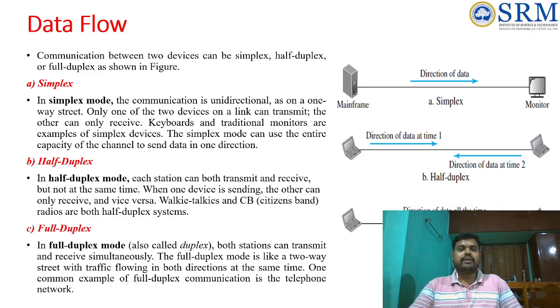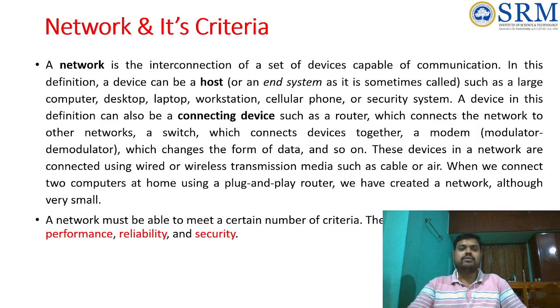Now, network criteria. For any type of network, we have certain characteristics or criteria to assess the performance, reliability, or security of such networks, right? So a network has to meet a certain number of criteria. The most important of these criteria are performance, reliability, and security.